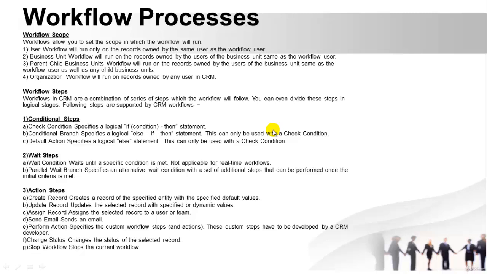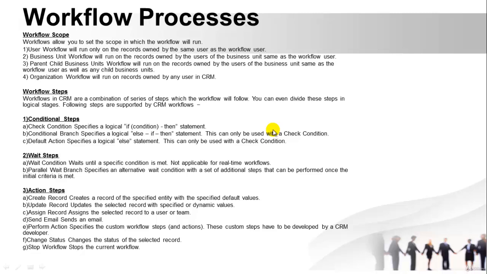Under your CRM Dynamics, you will find processes under the settings. So basically, whenever you go to your Microsoft Dynamics CRM settings, you will find an option called processes, which will be used to create workflow processes. And there you have to specify the process name, select the category as workflow, and specify for which entity you have to create a workflow.